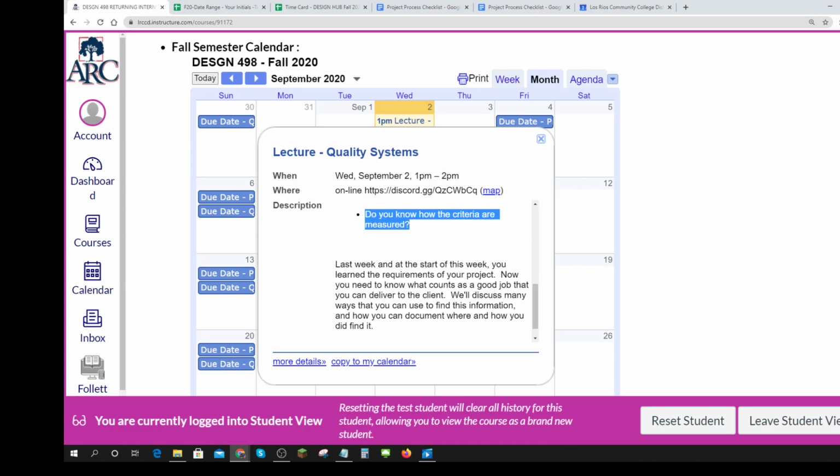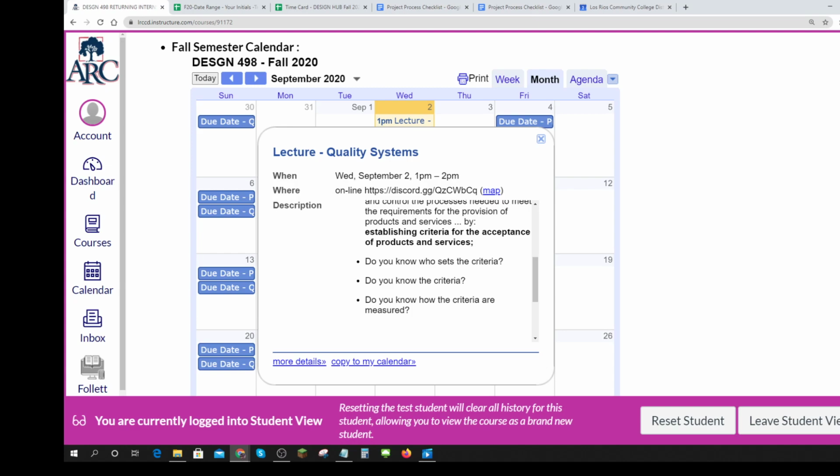Last week we asked you if you knew the requirements of your project. Now we're asking you, once you know the requirements, do you know what counts as a good job?